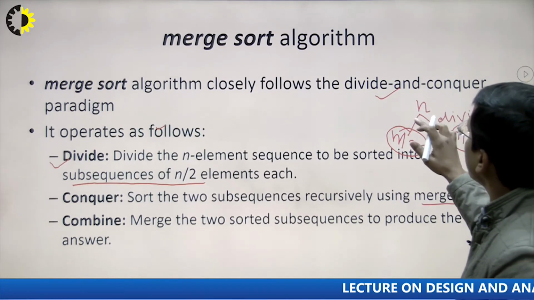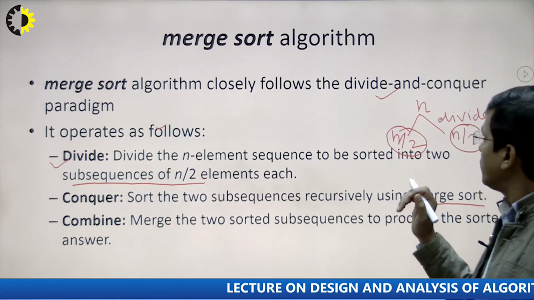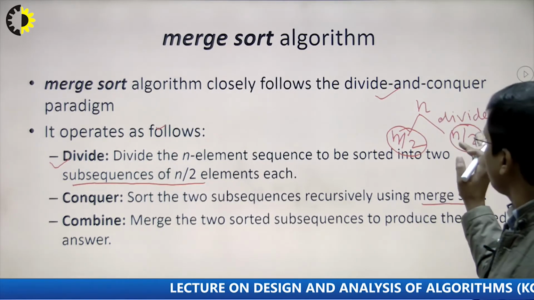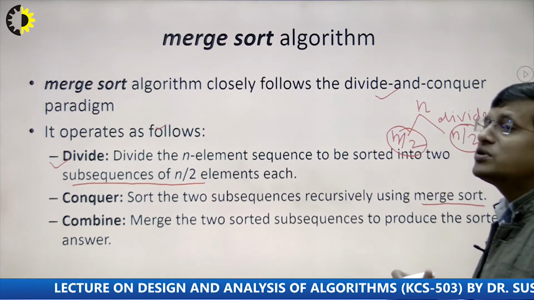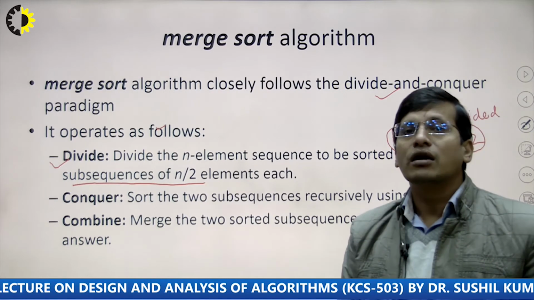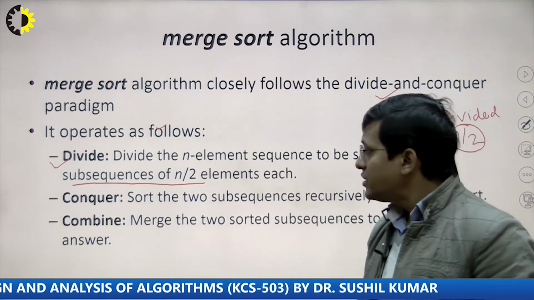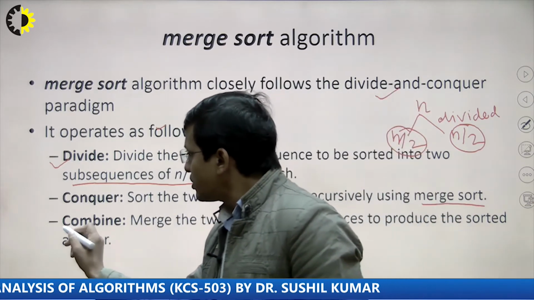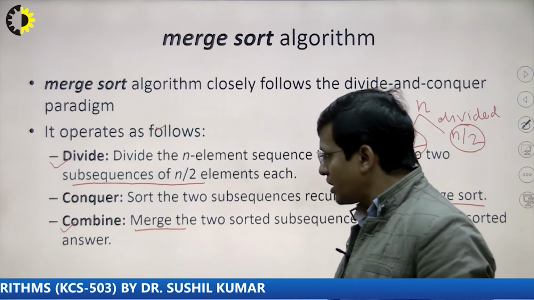Initially we required merge sort on n elements, but we have divided this problem into n by 2 elements, and now we apply merge sort again on n by 2. This means division, conquer and combine will occur again. The last one is the combine approach. So we use the merge function.